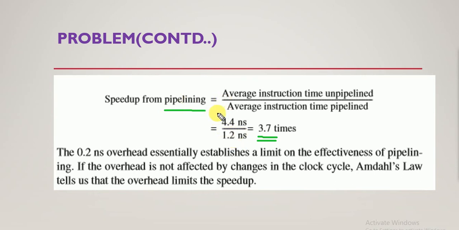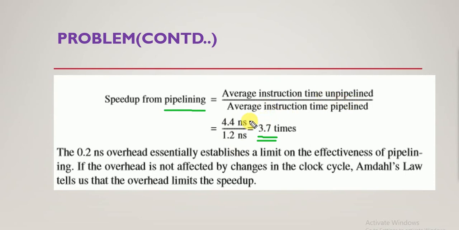If there is no pipeline, it took 4.4 nanoseconds. If it implements pipelining, it took 1, plus due to some skew, 1.2, but we have gained a speedup of 3.7 times better than the unpipelined architecture.